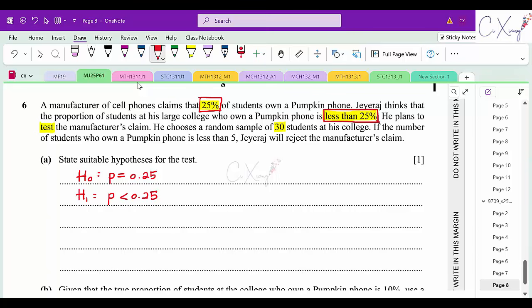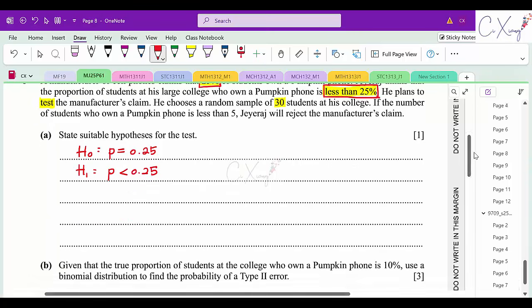This is what we have for the null hypothesis and the alternative hypothesis. So which one is the manufacturer's claim? This is the manufacturer's claim, right? And this is Jayraj's claim. And this is what we have for part A.